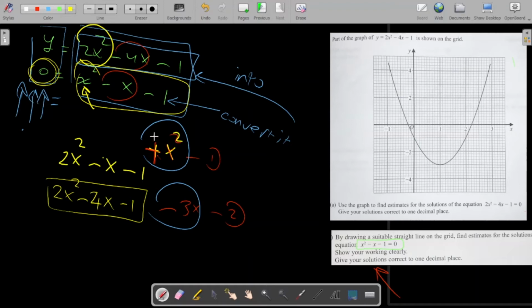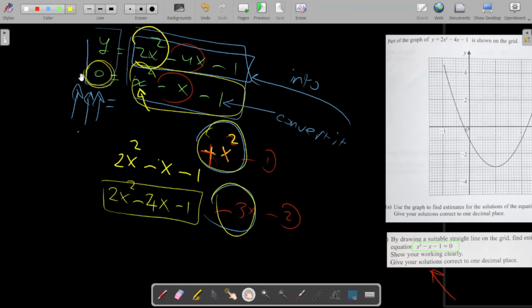So the 0 is going to have plus x squared and minus 3x added to it. This 0 here is going to be, in total, x squared minus 3x equal to 2x squared minus 4x minus 1.